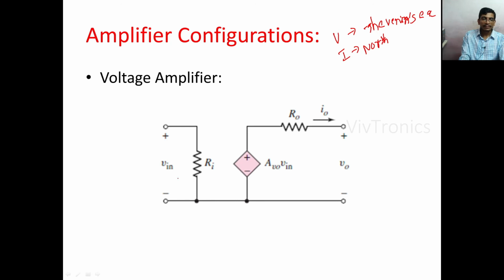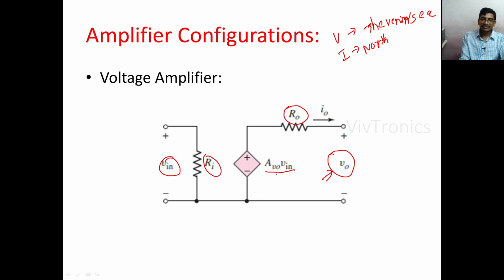In the voltage amplifier, the input signal is voltage and the output signal is also voltage. In all these 4 configurations, at the input side, we have only one resistance Ri. At the output side, as the output signal is a voltage, we have the Thevenin's equivalent source, Avo into Vin, and a series resistance Ro, where Ro is the output resistance.